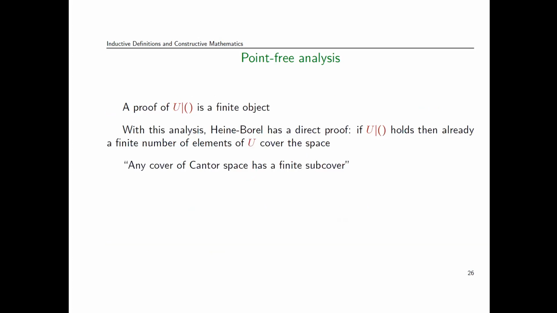And the proof of being a bar is a finite object. So with this analysis, Heine-Borel is completely trivial. If U is a covering, this will be witnessed by a finite tree. So it holds already using a finite number of elements of U. Okay, so that's a proof that you find in Notes on Constructive Mathematics.